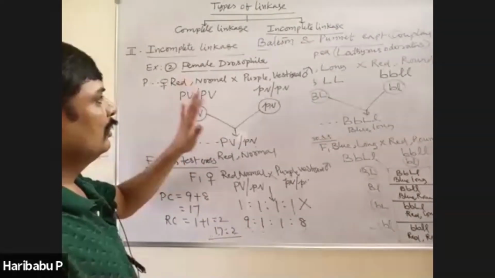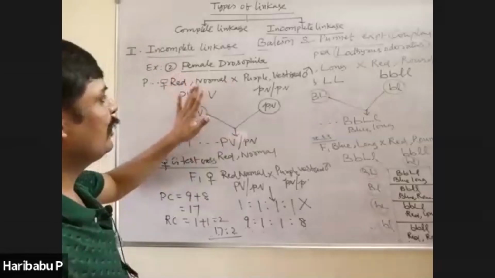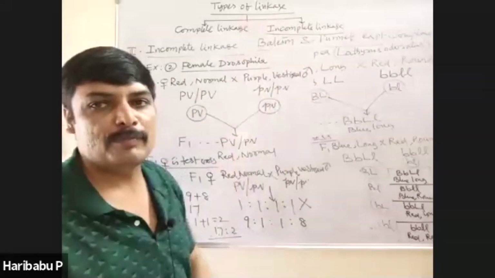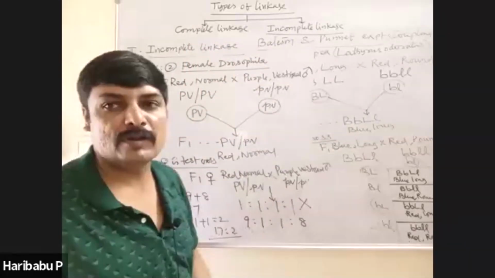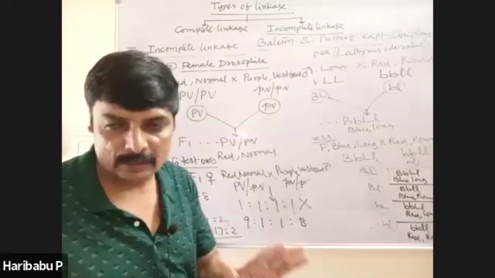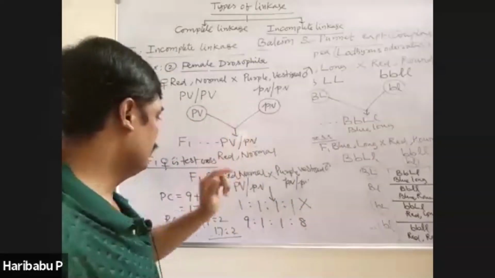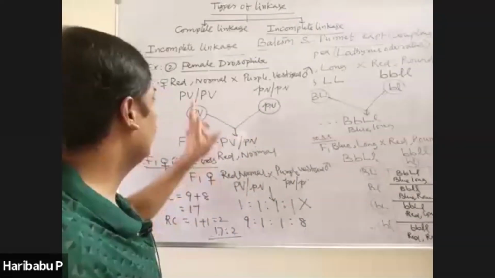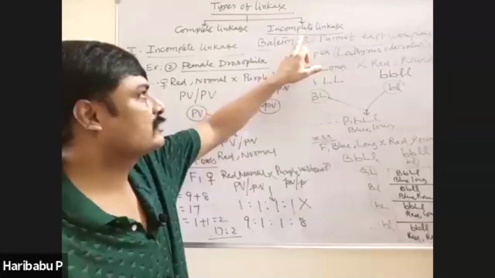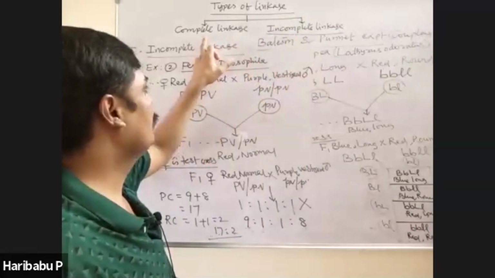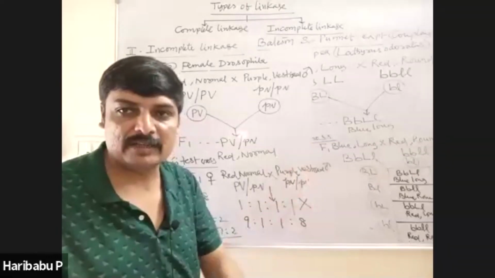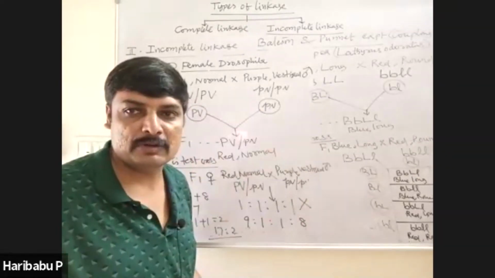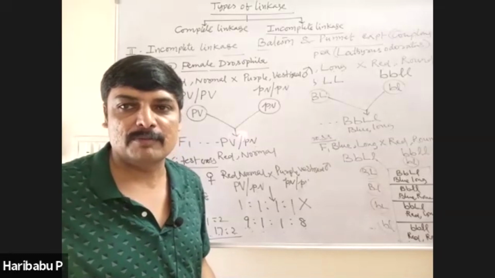So sweet pea and female Drosophila are examples of incomplete linkage, and male Drosophila is an example of complete linkage. I repeat again, sweet pea and female Drosophila are examples of incomplete linkage. How can you say that there is complete linkage or incomplete linkage?